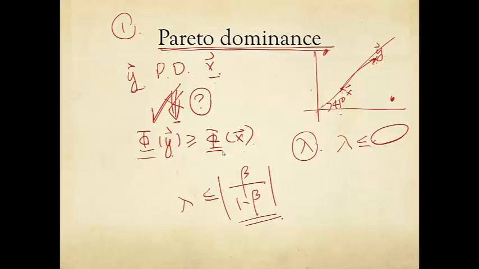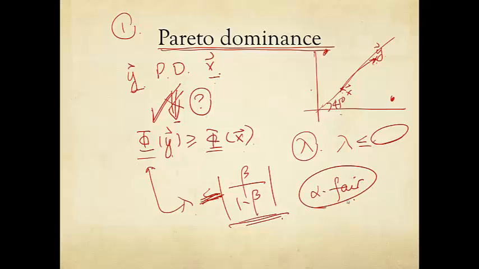All right, let's say we let lambda go all the way to be exactly this, not just less than or equal to, but hit this upper bar, okay? And then substitute the resulting expression into phi and see what kind of function we get. And lo and behold, the function that you get from phi now is nothing but the alpha fair utility function.